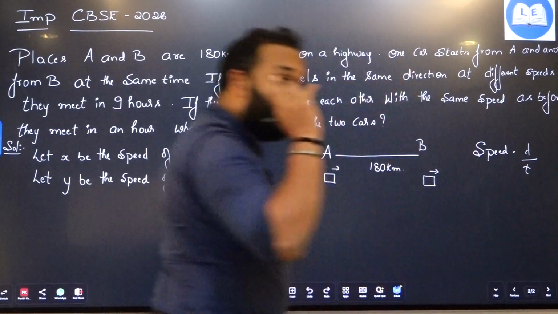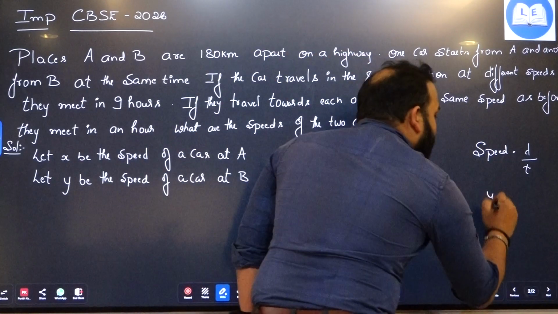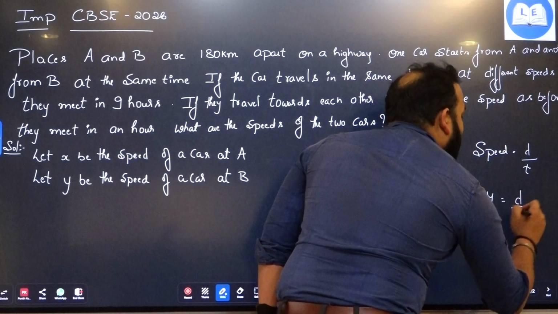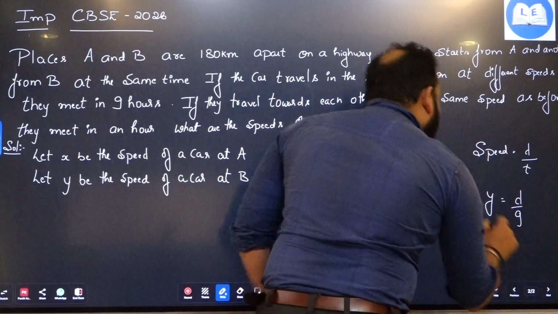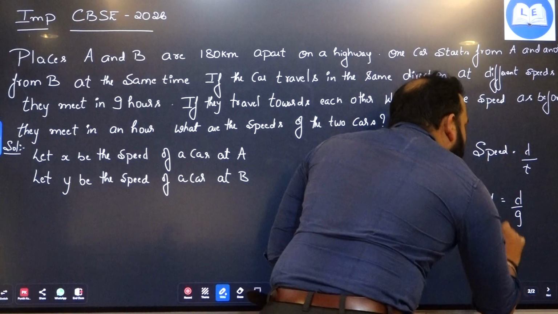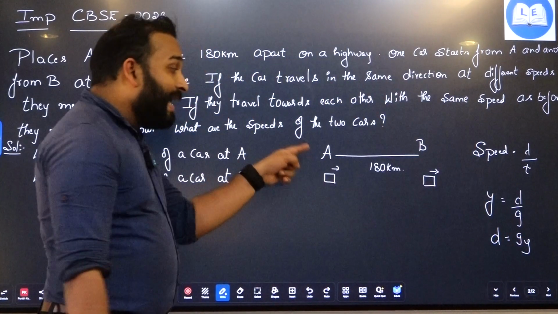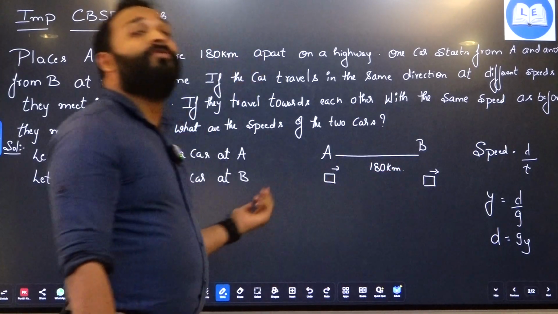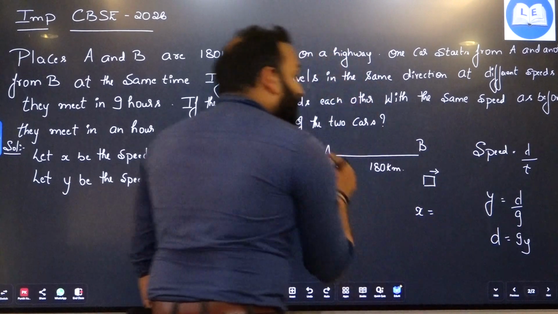Yes? And here, focus here children, very important part. Speed is y and distance, let's take d, and it is meeting the other car in 9 hours. So the total distance traveled in those 9 hours by the car starting from B will be 9 times y. But car A is starting 180 kilometer away from B. So what is the total distance traveled by the car starting at A?